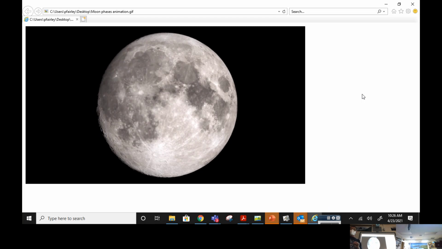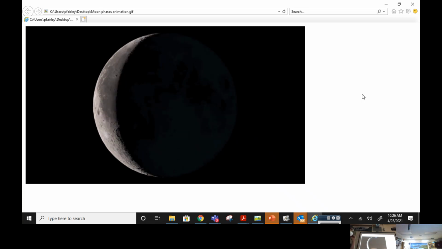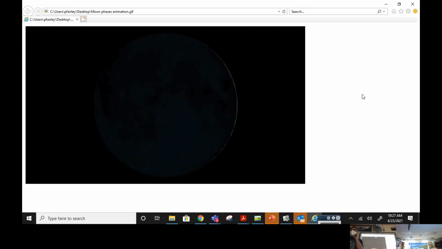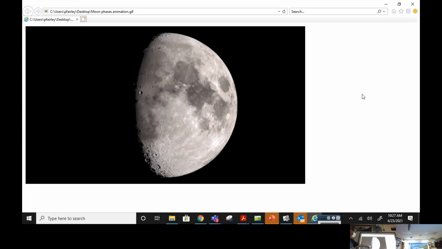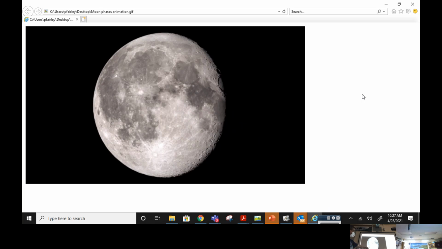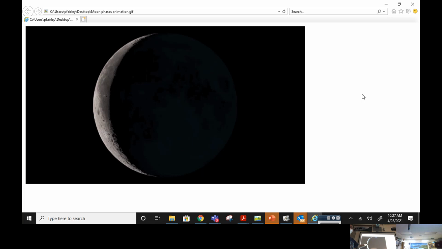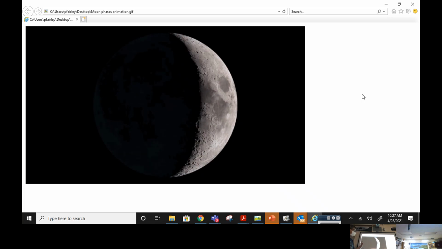I know it was 2 whole days ago we wrote this stuff down. Good, waxing and waning. And which one is getting bigger and which one is getting smaller? Waxing is getting bigger. So this is waxing, huh? And then we get to full moon and we're waning again, aren't we? So this is waning crescent. Over here we have waxing crescent.